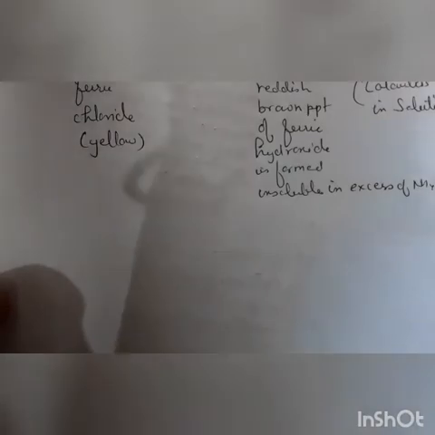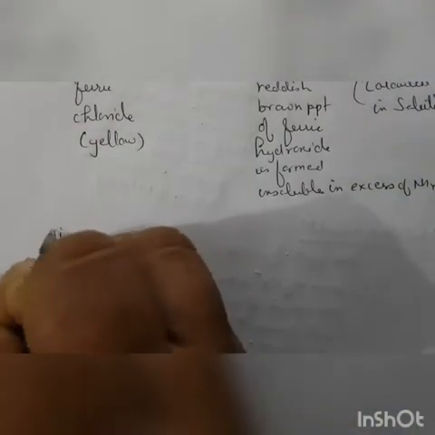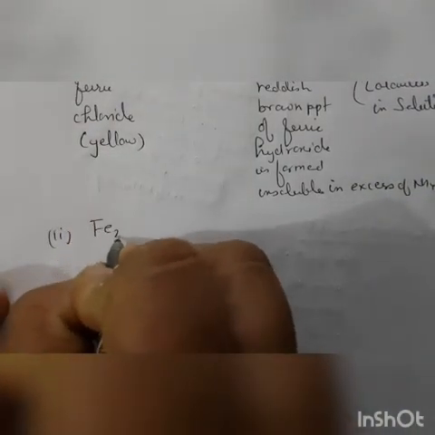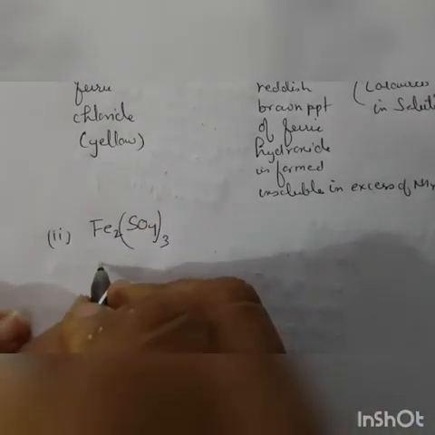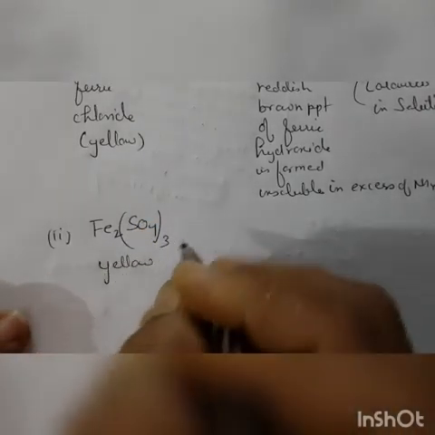Now second we will take ferric sulfate. It's yellow in color.